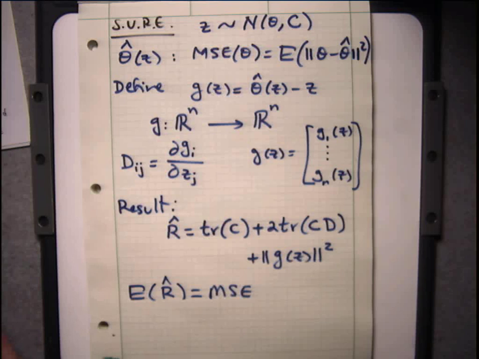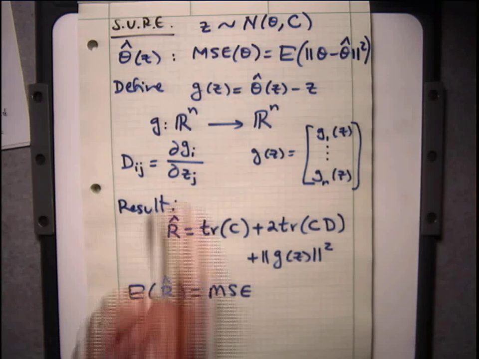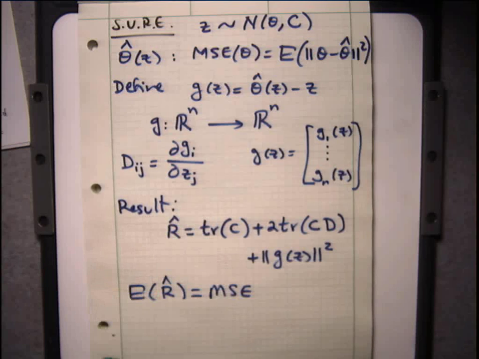Well, if you somehow knew the mean squared error exactly, of course, you would tune it to get the minimum mean squared error, right? But this gives you a way to do it. So you take your given data, you compute this right-hand side with some set of tuning values. Then you can recompute this right-hand side with different tuning values until this guy becomes small. It's a very nice trick.